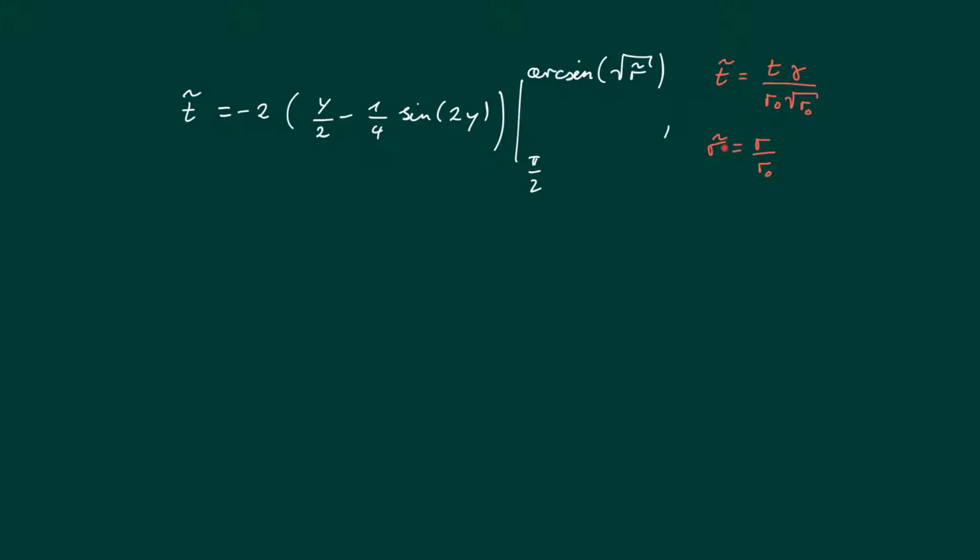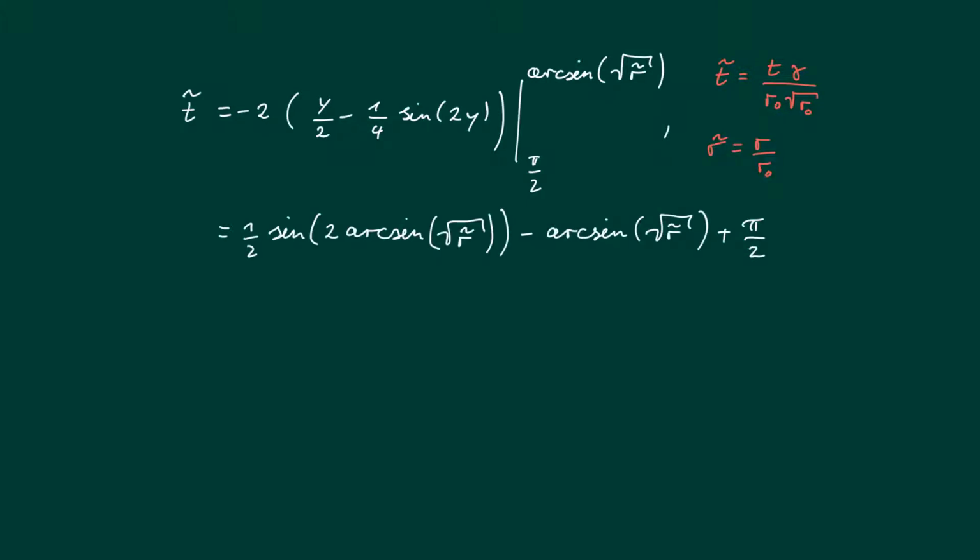And the distance tilde is the rescaled distance, rescaled by the initial distance. Okay, when we plug in these integral limits, we get the following expression.